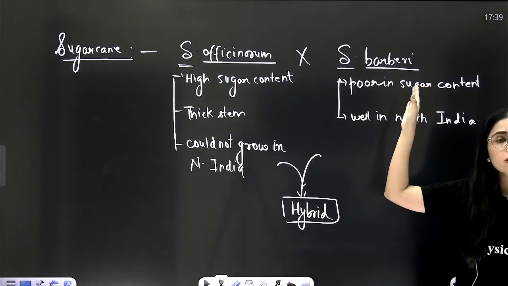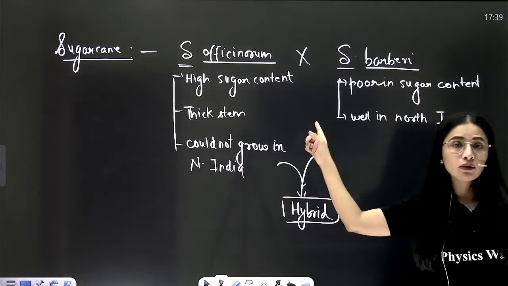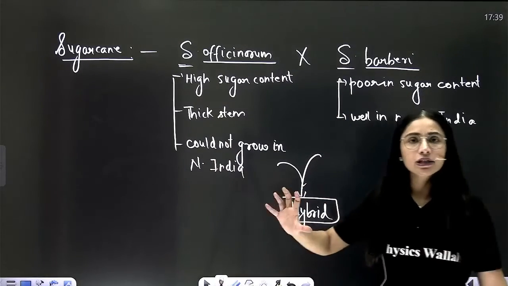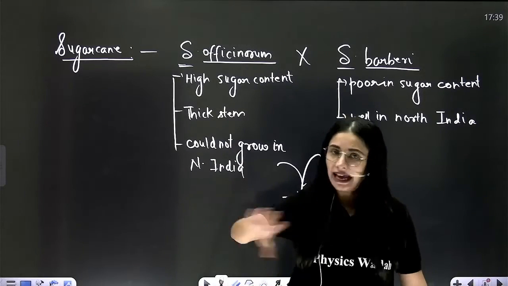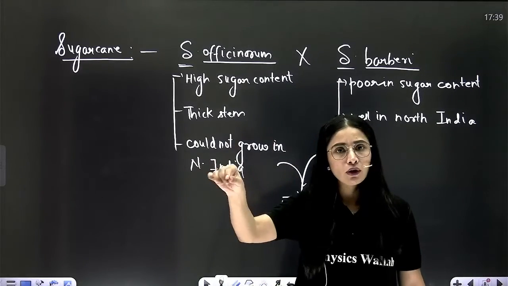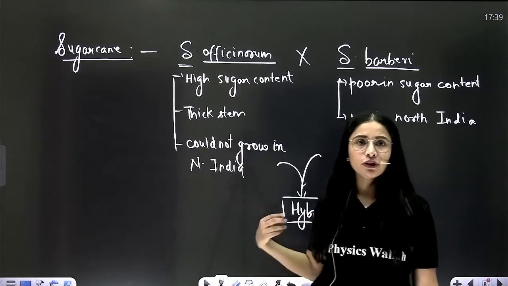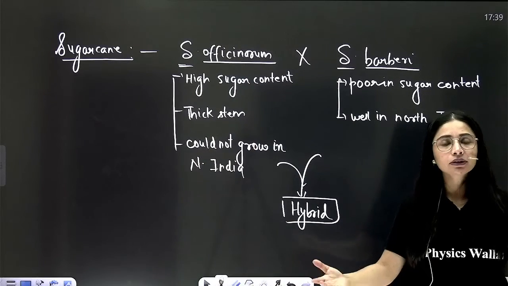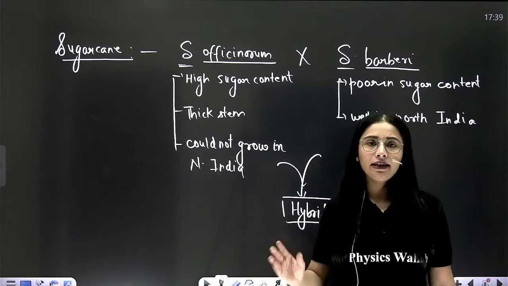Barberi's trouble was that it could not produce high sugar content but could grow well in North India. So the good qualities of both individual varieties were mixed to obtain the hybrid. Now this hybrid can grow in any part of the country, north or south, producing the maximum amount of sugar. So this hybrid is now used in North India as well as in South India to grow good quality, sugar yielding sugarcane.